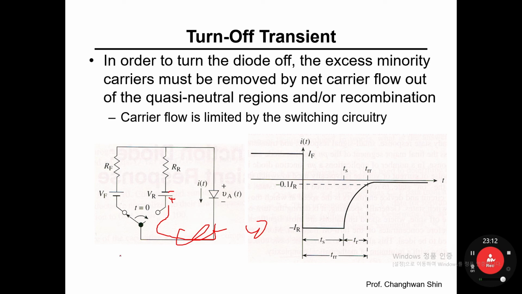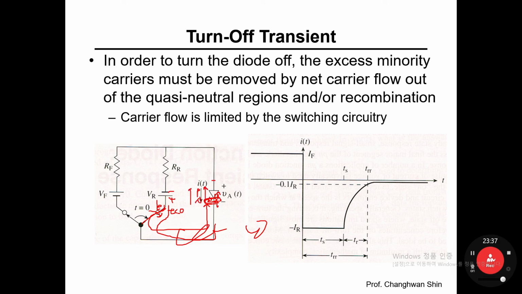Okay, now it's working. So when time t is higher than 0, the switch has been moved to the node B so that the PN diode is reverse biased, but still the stored excess holes on the N side would be moved from N to P side.